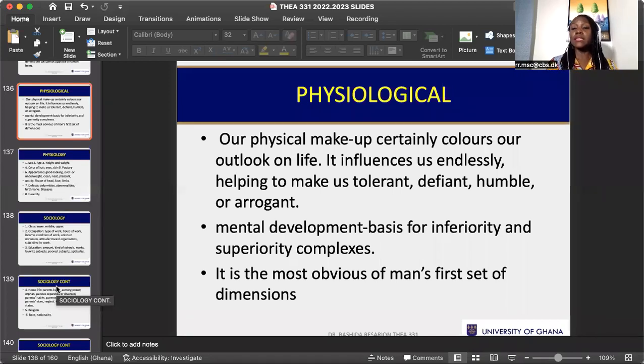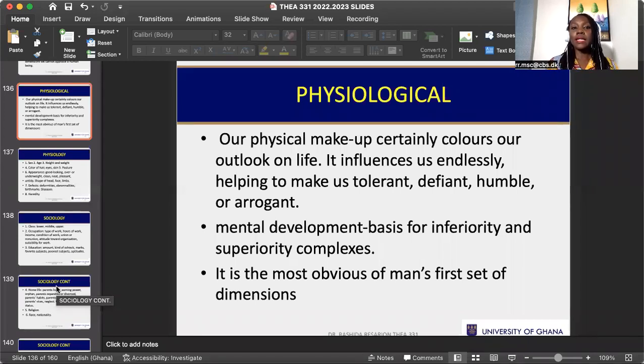Okay. And the way we look has a very serious effect on the kind of psychology we develop, because it creates our self-image. You are born into a society, people start telling you, oh, you are too short. Oh, you are too short.